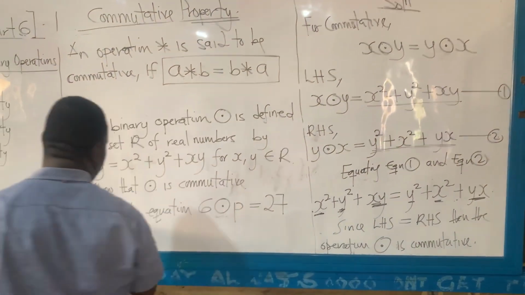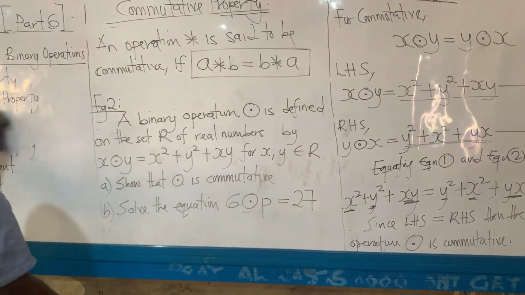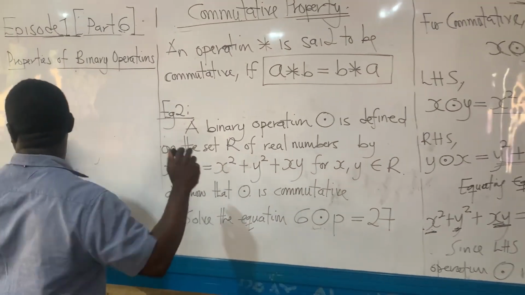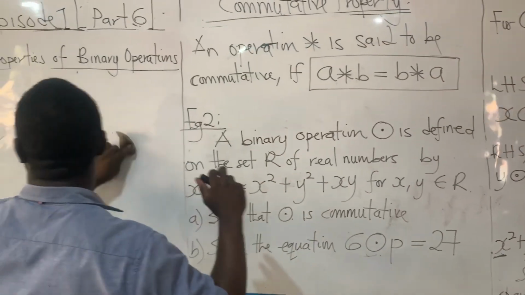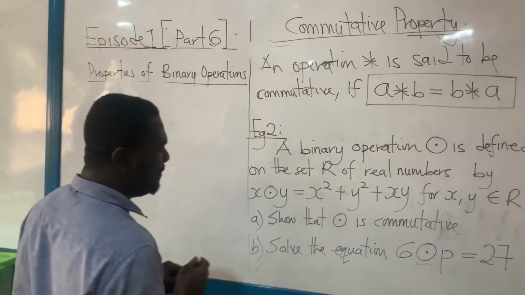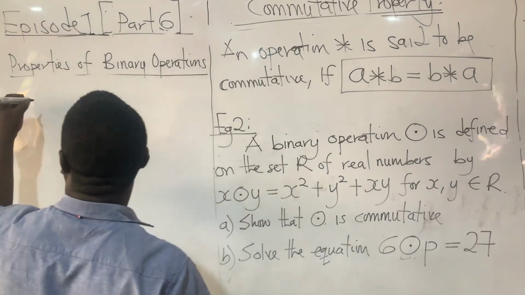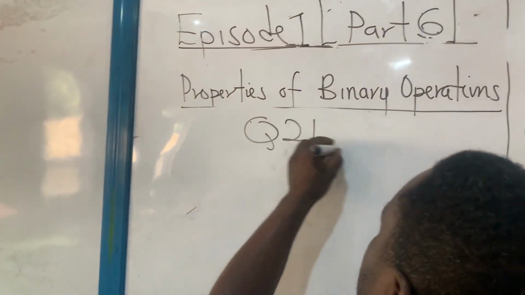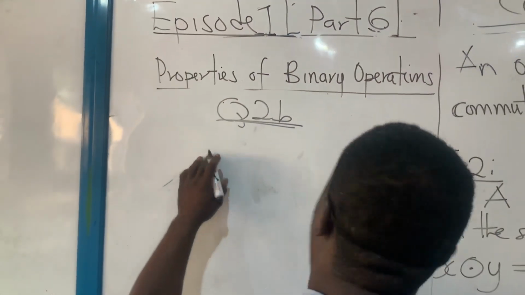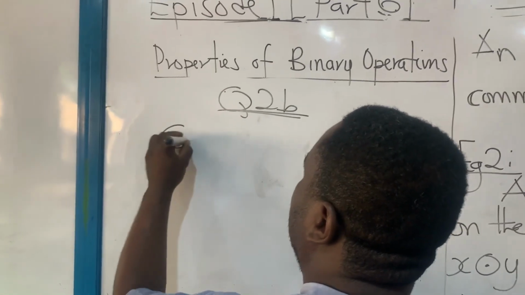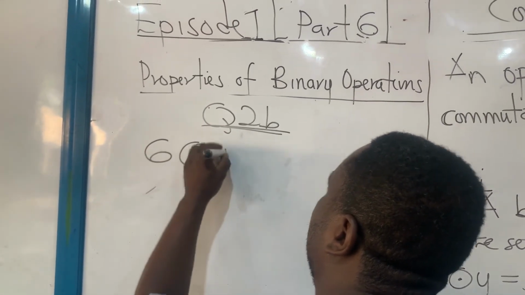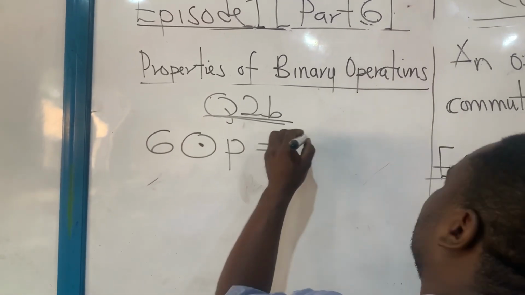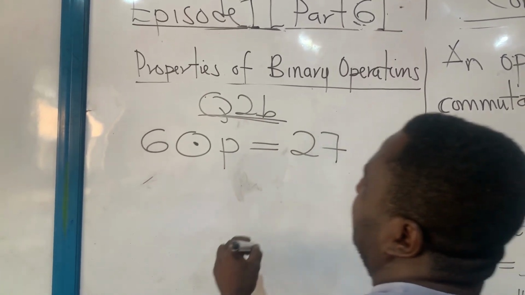Let's solve the B part of the question, question 2B. Okay. We are given 6 circle P equal to 27.